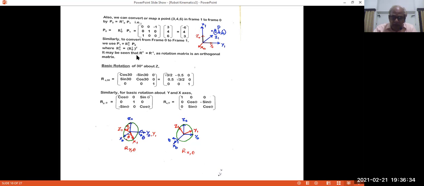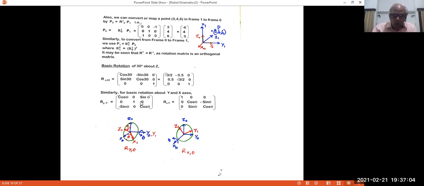It is nothing but the R10 transpose. It also happens that the transpose is equivalent to the inverse of this matrix, because these basic rotation matrices happen to be orthogonal matrices, the transpose is also equivalent to the inverse.